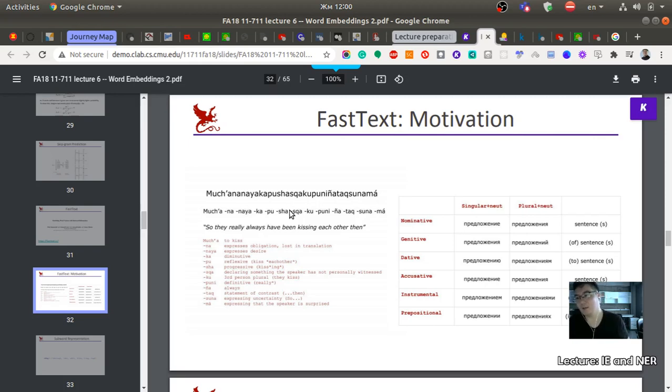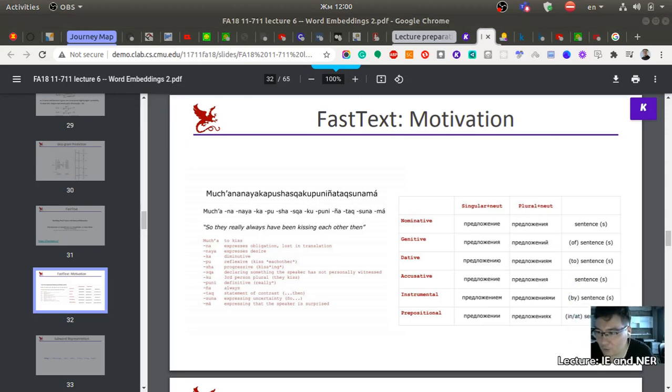In Kazakh or Turkic languages, you have a word and you add some suffixes at the end, and it may change its meaning. Here it's for Russian language, and you see that it also has some differences from English. It has many different forms of the word. For example, the word предложение can be in many different forms.